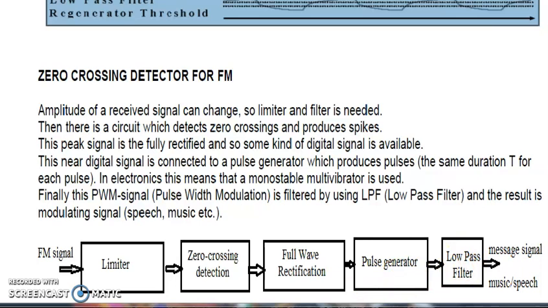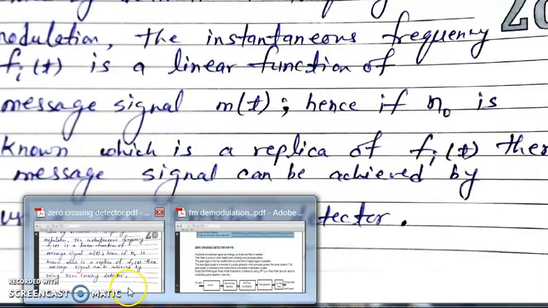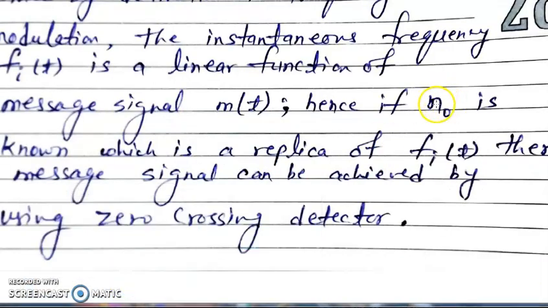So this N0 can be integrated at the end of the pulse generator, and that will give the instantaneous amplitude of the message signal. Okay, thank you.